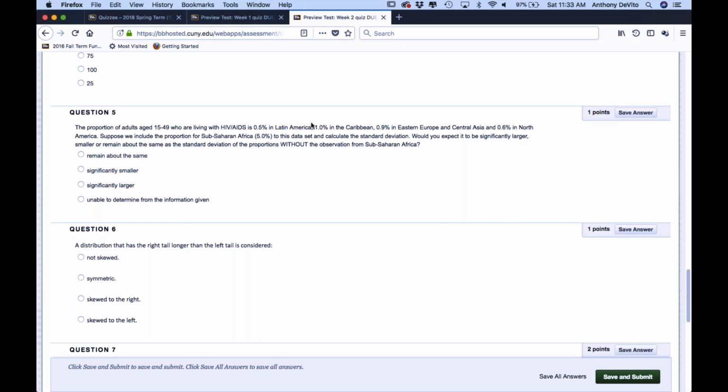Because what is the standard deviation? Without going into the math, the standard deviation is a measure of spread, right? So if we're looking at only populations where it's 0.5%, 1%, 0.9%, 0.6%, we're looking at the spread there. It's relatively narrow. It's only from 0.5 to 0.9, right?